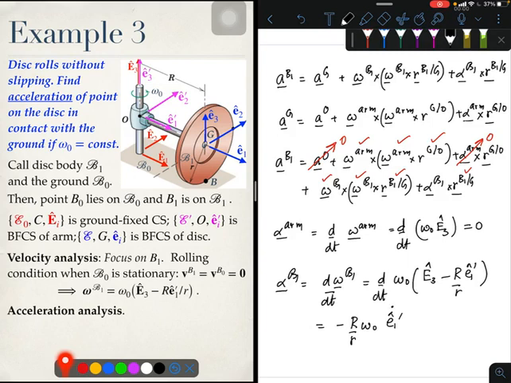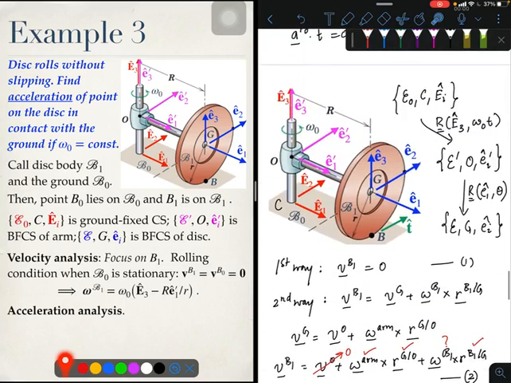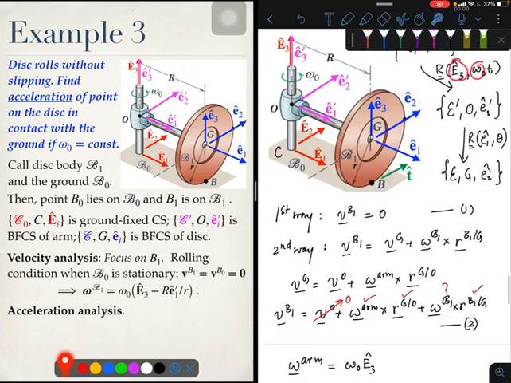Well, what is the rate of change of the unit vector e1 prime? e1 prime here in our flow chart belongs to the E prime coordinate system, which is rotating with respect to the ground by the angular velocity omega 0 about E3.